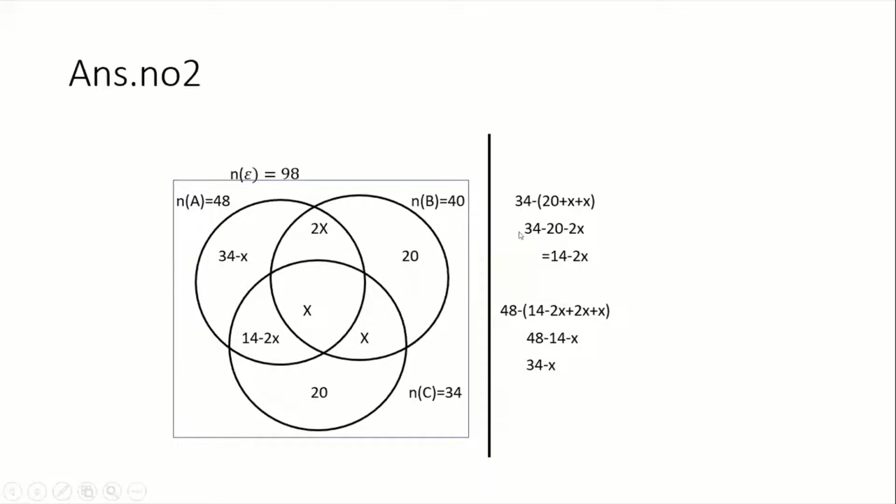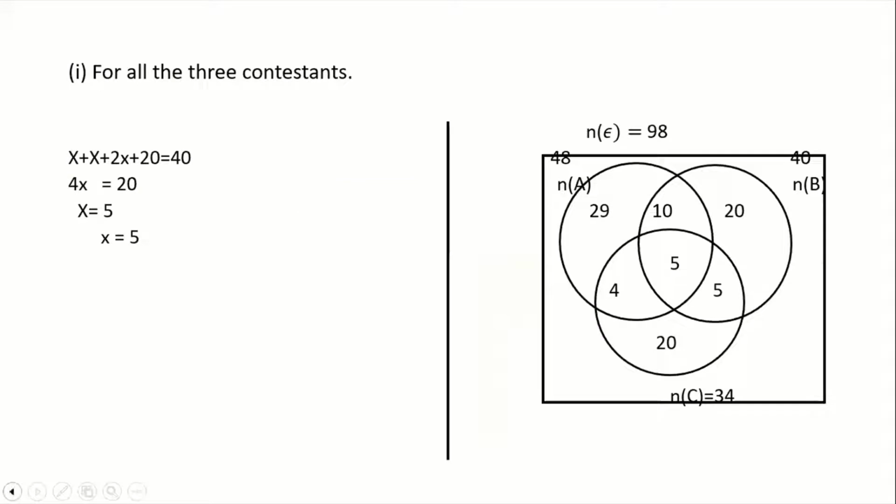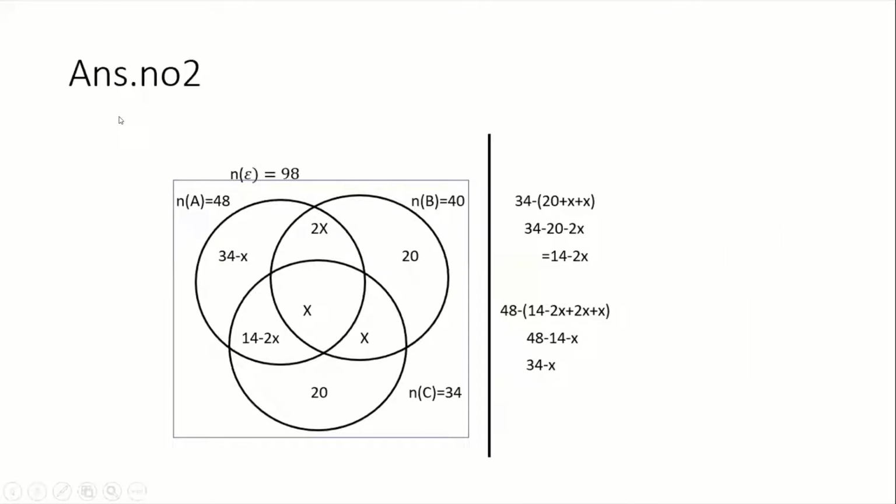The B only is here. And they're telling us the very number of people voted for C only. So meaning that if 20 people voted for B only, also 20 people voted for C only.